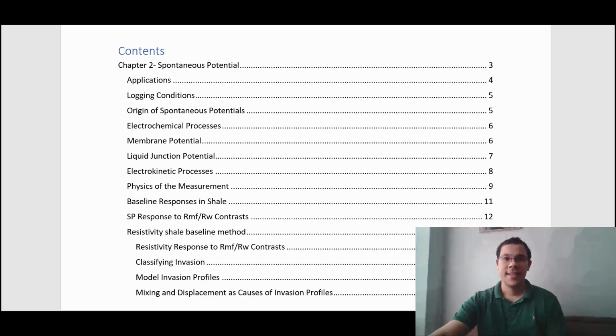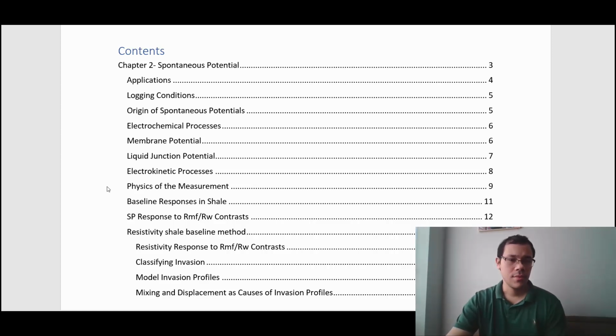Hi there. Now we'll be covering the review of our manual regarding the SP, or spontaneous potential, topic. In this chapter, we'll be covering the applications of SP, logging conditions, and how that SP is generated.